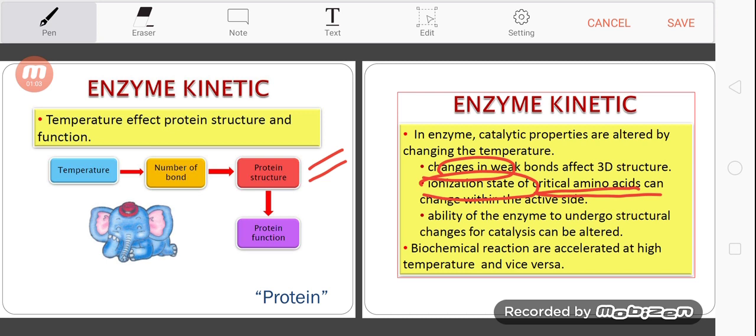That R group can be altered at high temperature, maybe through ionization of that amino acid, eventually altering the whole protein structure, so that the protein or enzyme cannot be used anymore. It is denatured. I think you understand this concept.